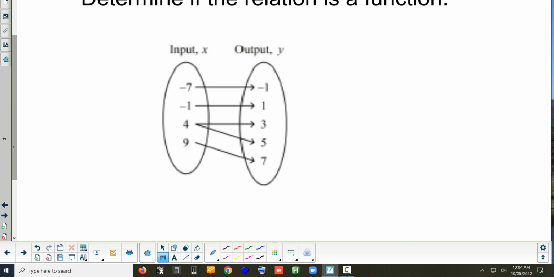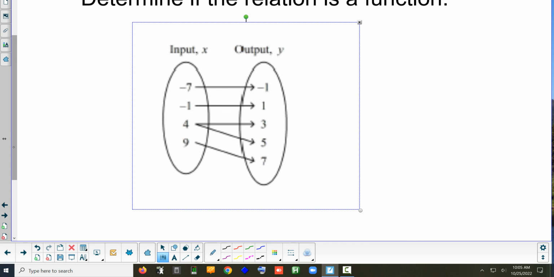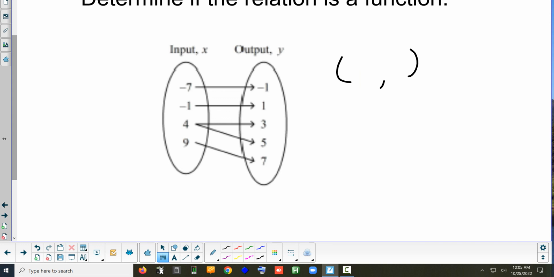Let's start with the first one. The circle on the left has all the x values. The circle on the right has all the y values. We have a -7, and it's pointing to a -1. So does anyone have a guess what the coordinate would be that represents that piece of information right there?